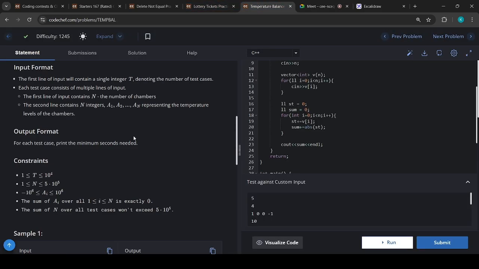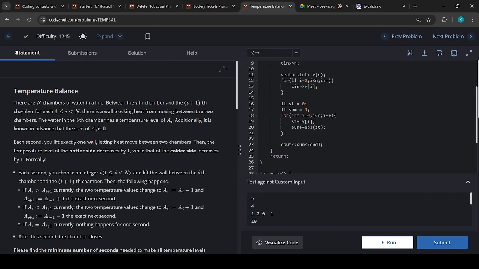So, the fourth question is Temperature Balance. There are n chambers of water in a line. Between the i-th chamber and the (i+1)-th chamber, for each 1 to n, there is a wall blocking heat from moving between them.